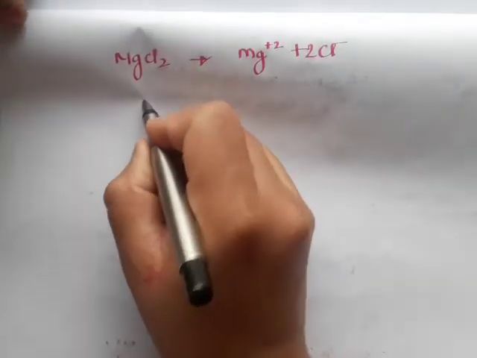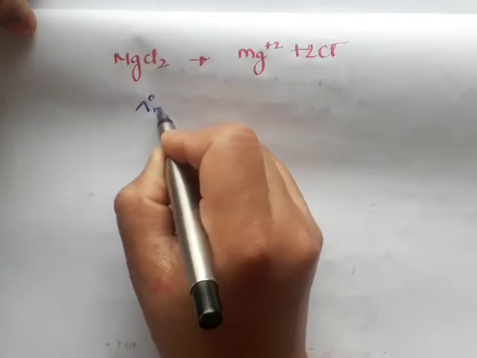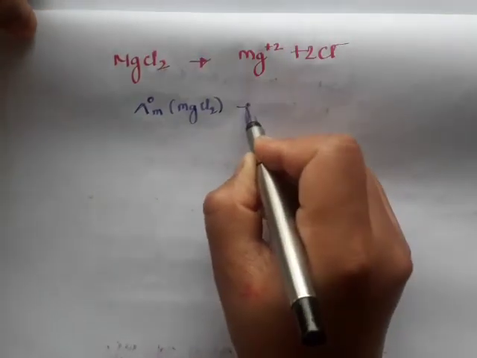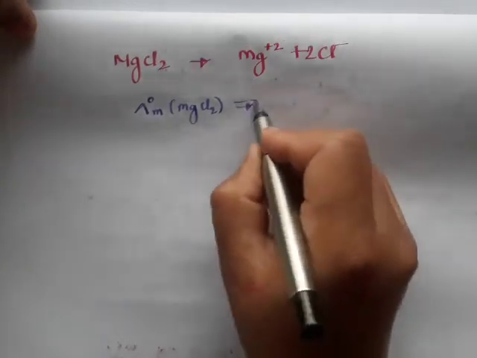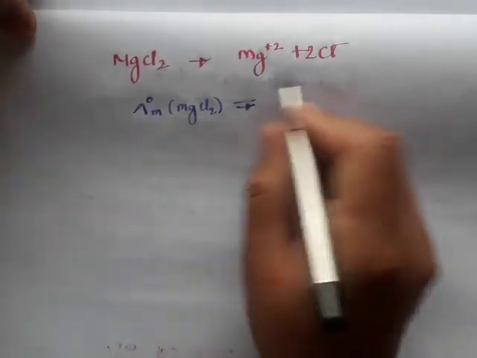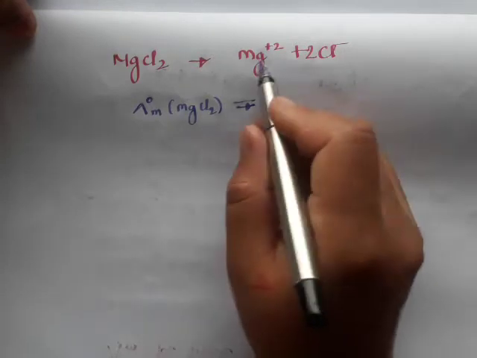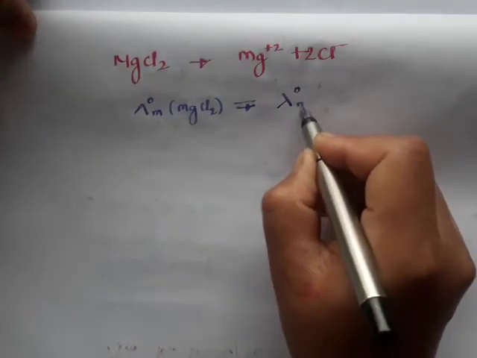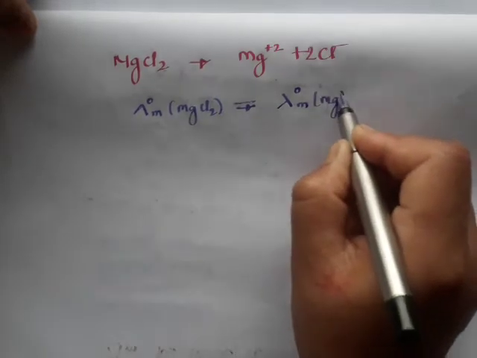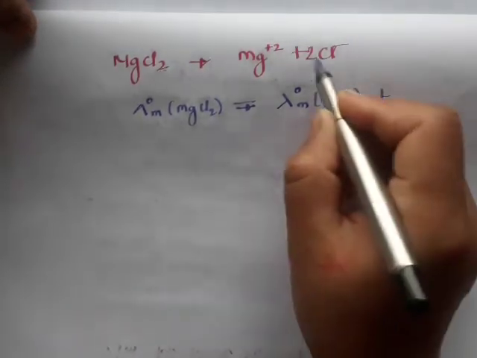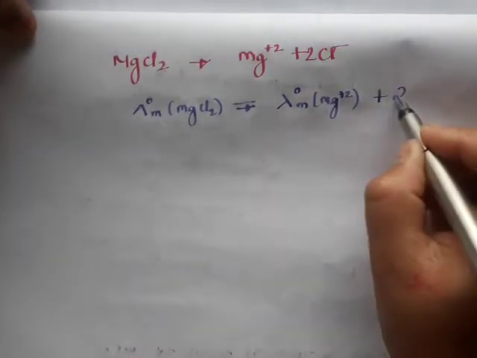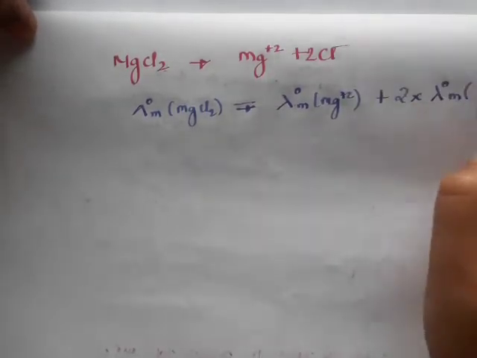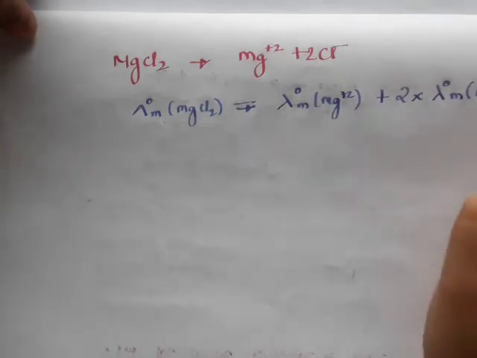The limiting molar conductivity of MgCl2 is the sum of the molar ionic conductances at infinite dilution of these ions: lambda naught m of Mg2+ plus, since the number of ions is 2, 2 times lambda naught m of Cl minus.